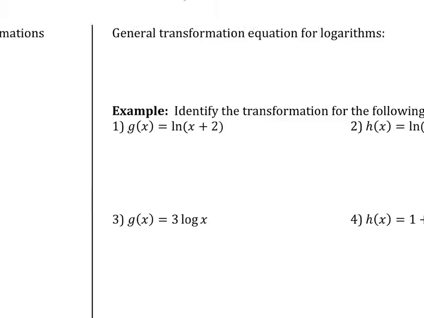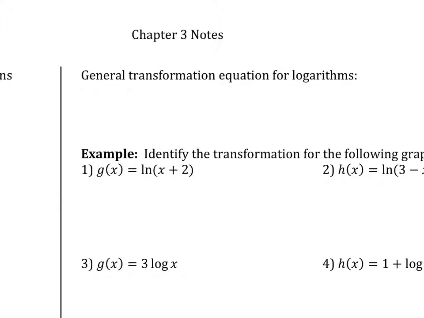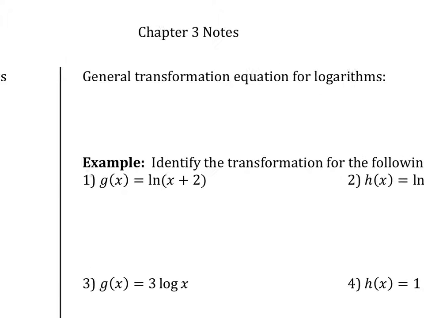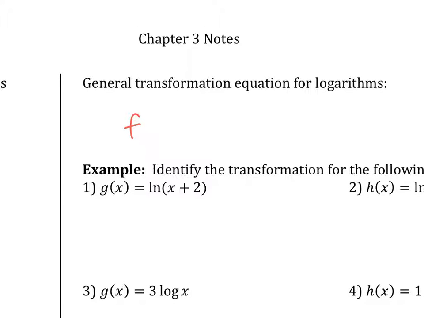Next part. This is very easy. Transformation, we have to do that for every parent function. f of x equals. What do we always start with in our transformation? A, the equation. And then what is the parent function for logs?